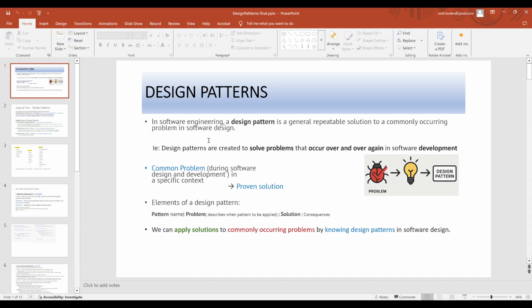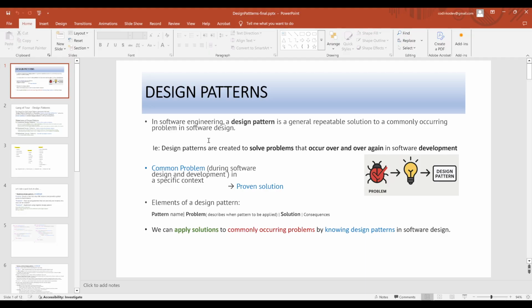It says that as part of software design, commonly occurring problems can occur.